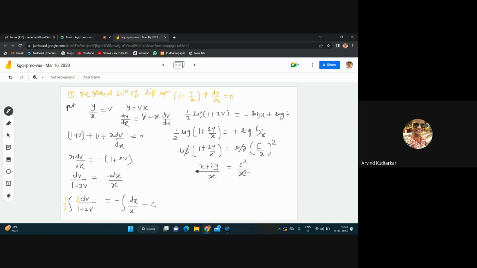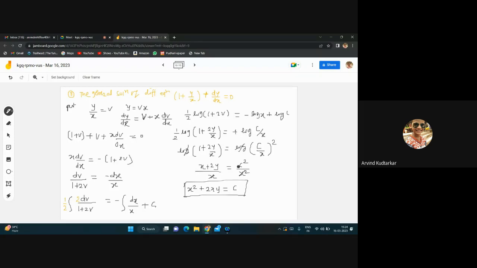One x remains, so shift it there: x into x, that is x square plus 2xy is equal to c square. And c square is a constant, so we can also write this as c.